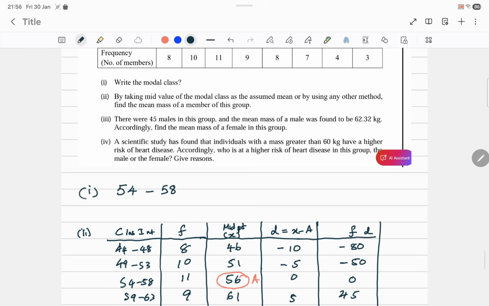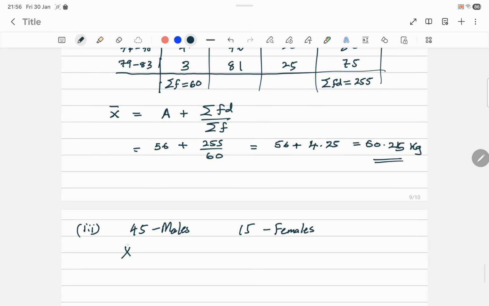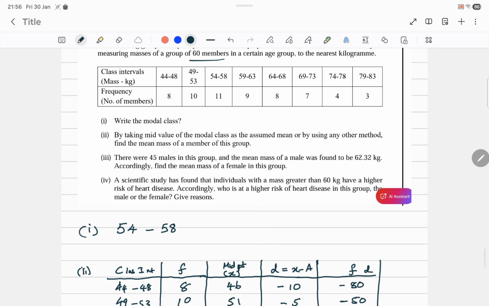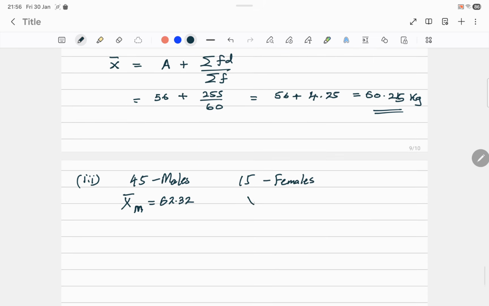The mean mass of the males was found to be 62.32. X bar male is 62.32. Find the mean mass of the females in this group. Right, so we need to find this X bar F, the mean mass of the females.